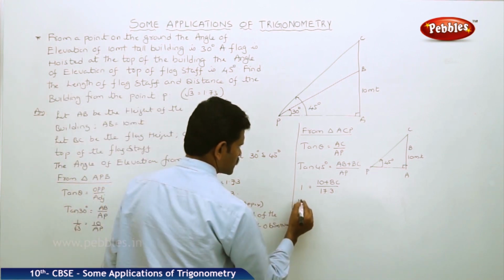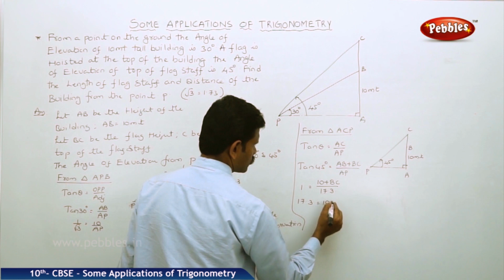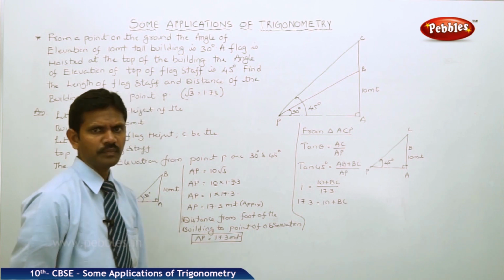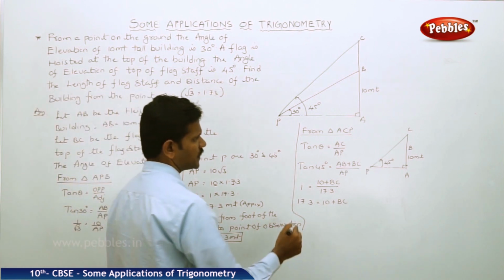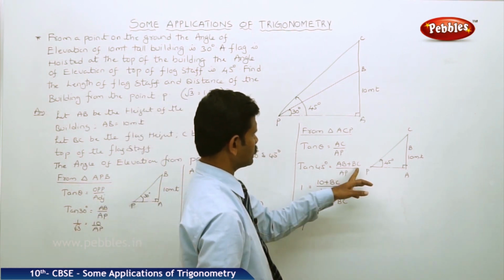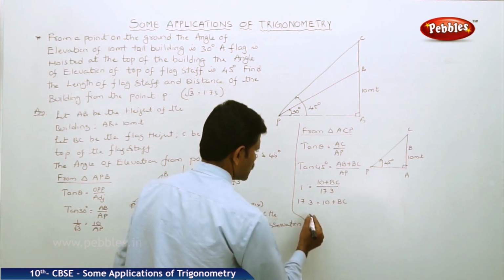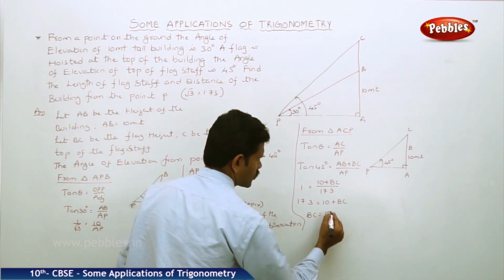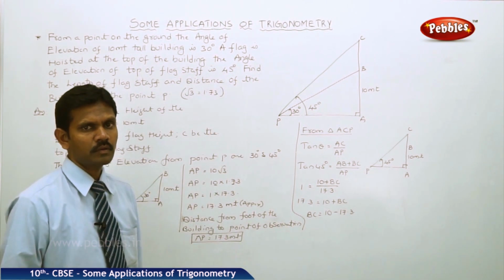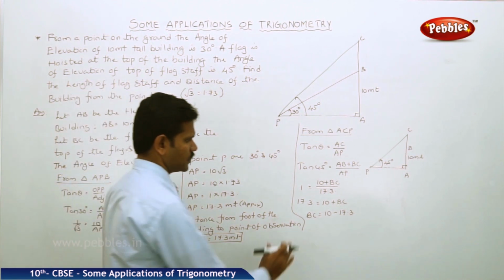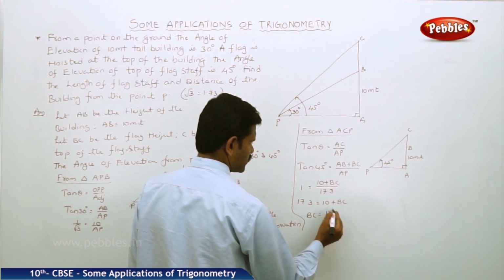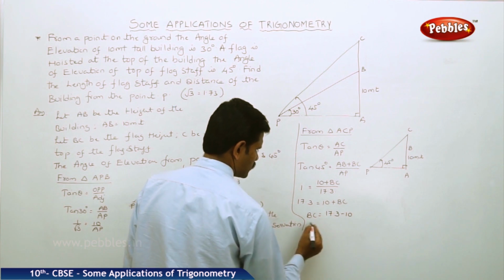Now 17.3 is equal to 10 plus BC. Now we have to find out the value of BC. BC is equal to 17.3 minus 10, where 10 moves to the other side as minus 10.